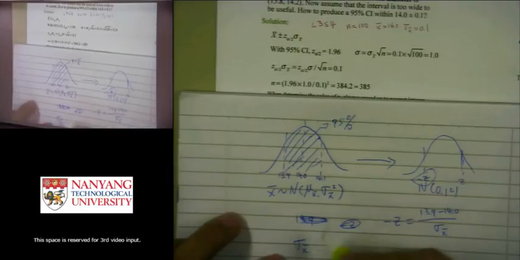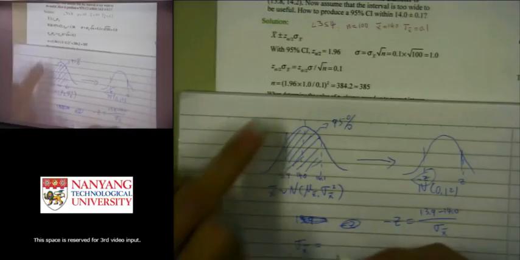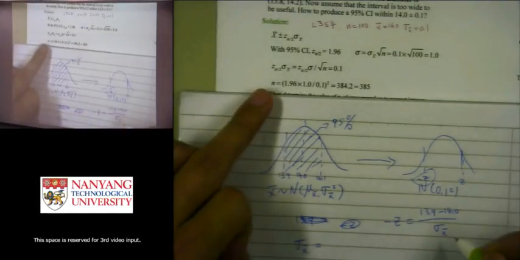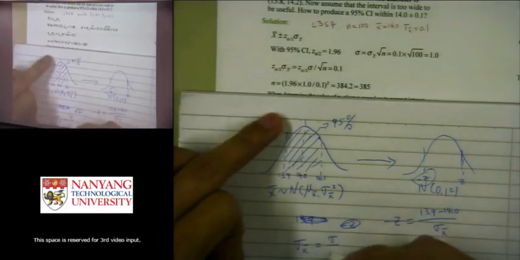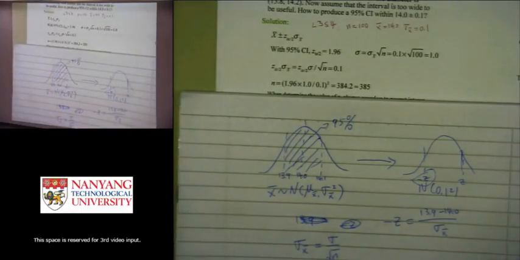Sigma x bar equals sigma divided by square root of n. Okay. You guys win.